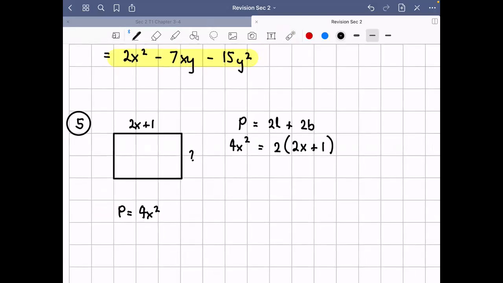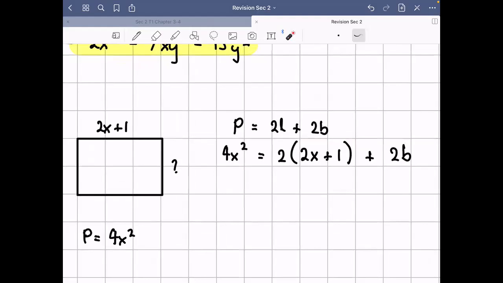Now we don't have b, because this is what we're trying to look for. What's the value of b? So what should we do here? We're given this equation. First you need to remove the brackets. So we bring down 4x squared equals 4x plus 2.